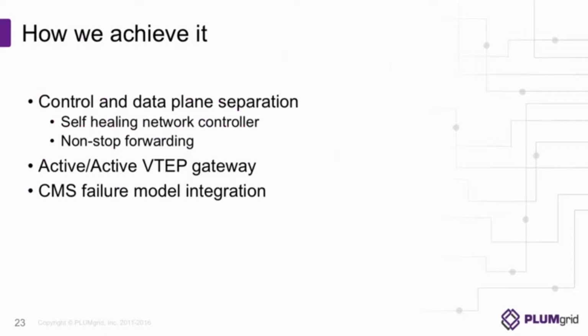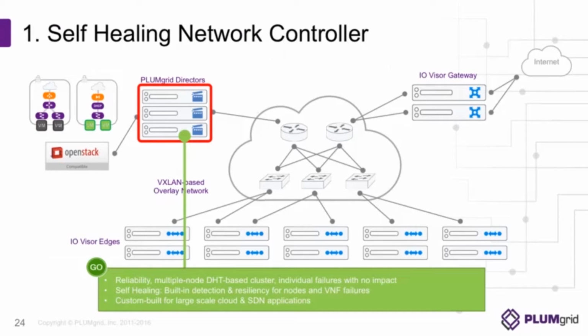We do have an active-active VXLAN termination endpoint, and we do integrate with the CMS. I am just going to fly through those slides because they basically explain how it's done. I can just give you the gist of it.